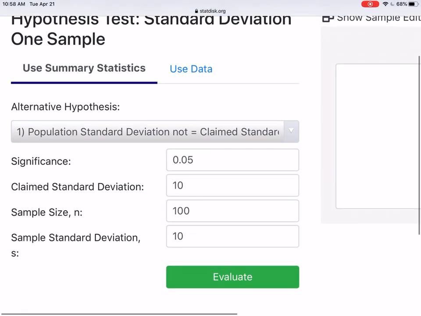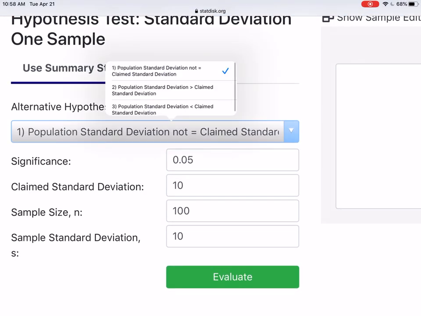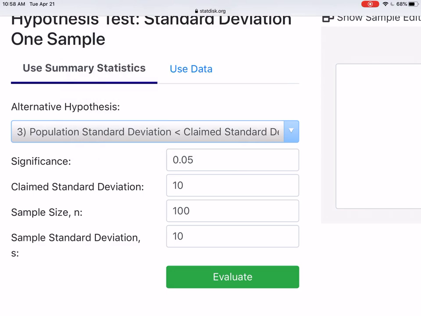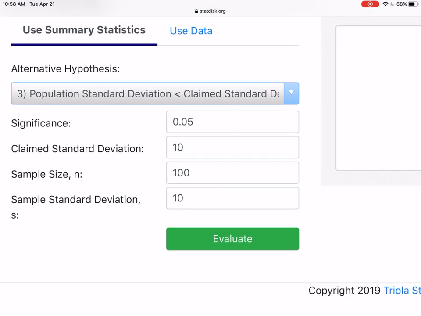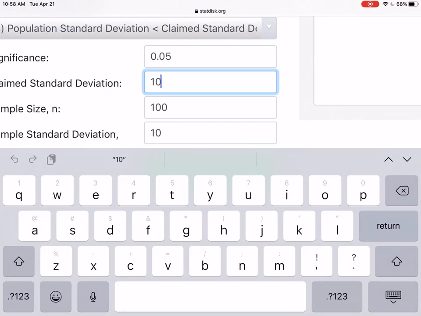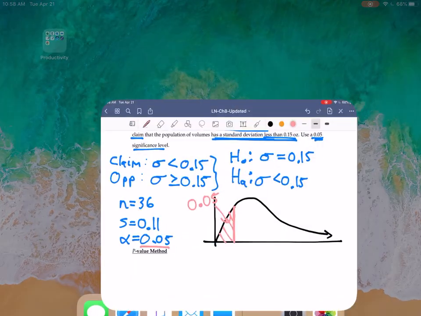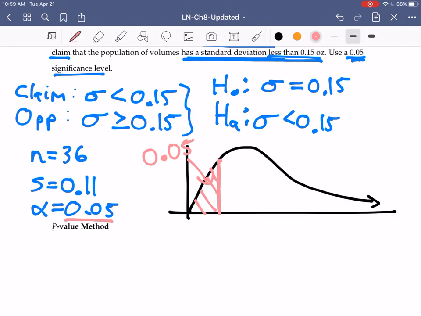Our alternative hypothesis is that the population standard deviation is less than some claimed value. Our significance level was 0.05. Our claimed standard deviation was the value from our null hypothesis, so it's the 0.15.